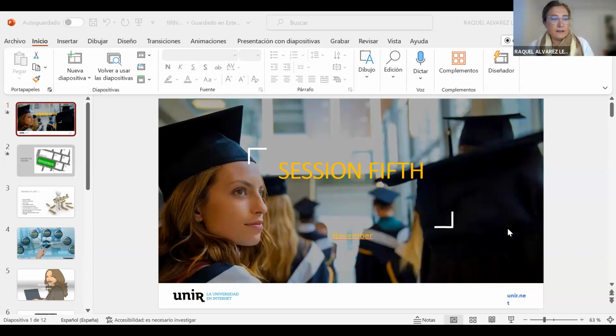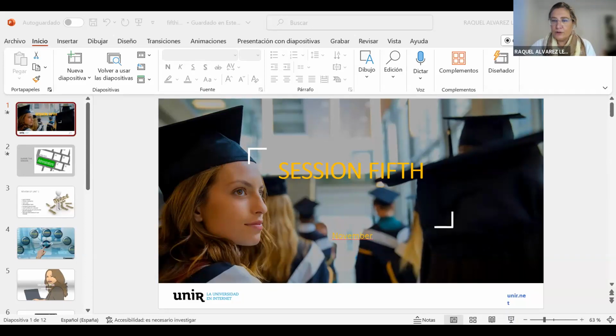We are in the 5th session. All the documents are already uploaded in your Moodle, so you can revise them as soon as you like. So we are going to begin with what we are going to do today.